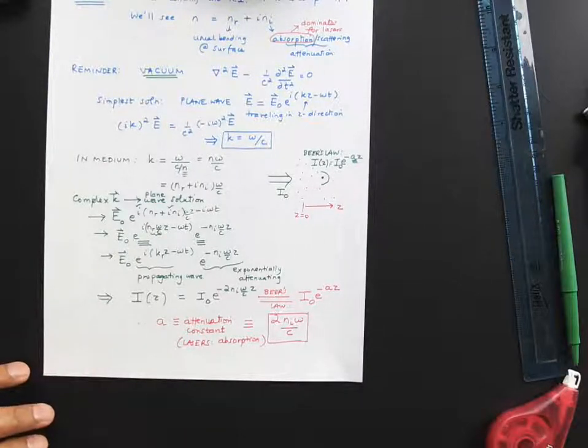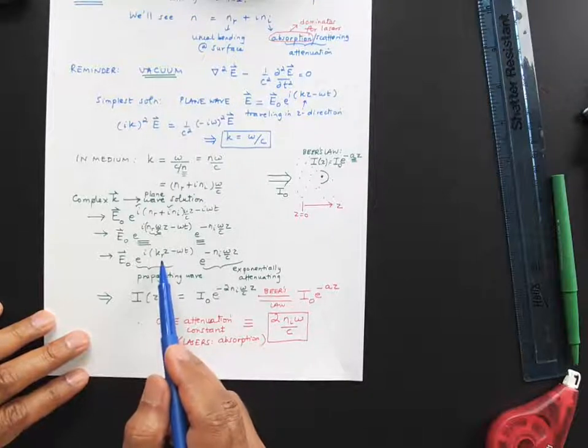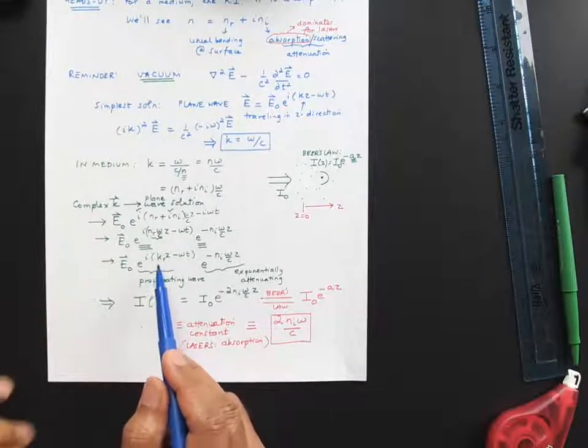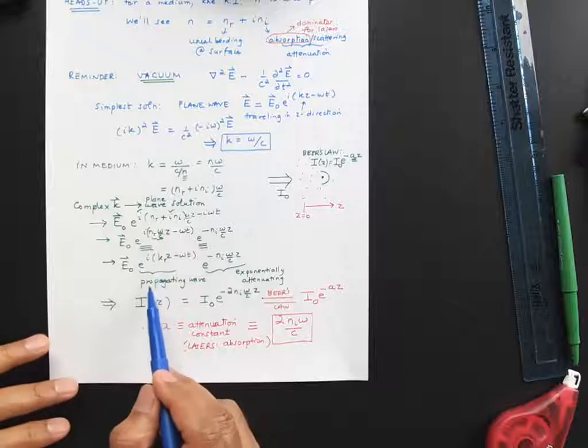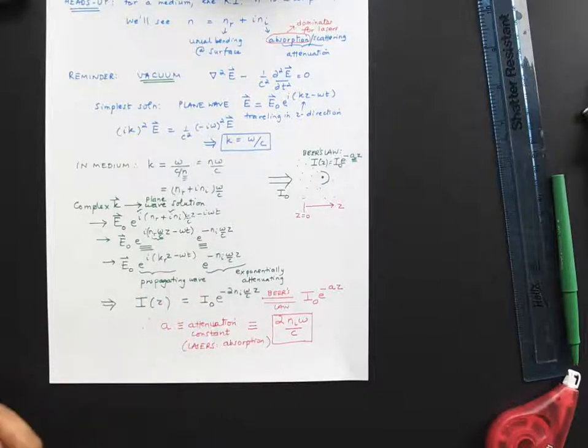And also it turns out the real part is also interesting, because it tells us how fast this wave is propagating through the medium. Okay, because it's related to the phase velocity and group velocity and things like that.